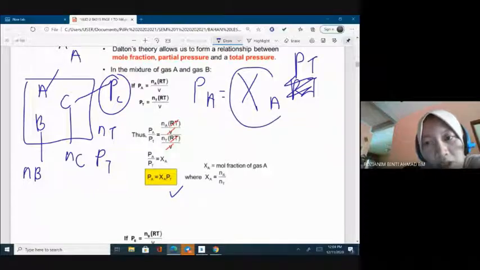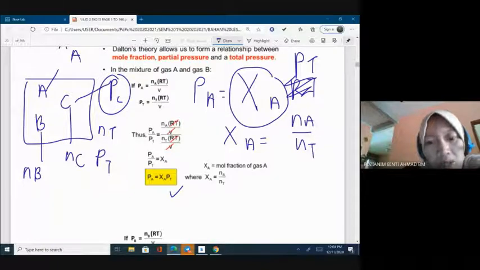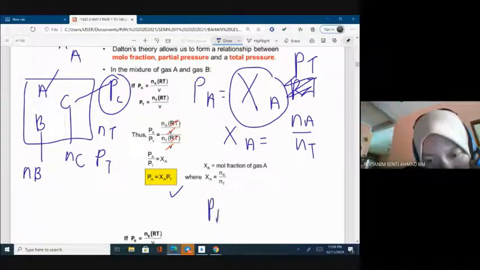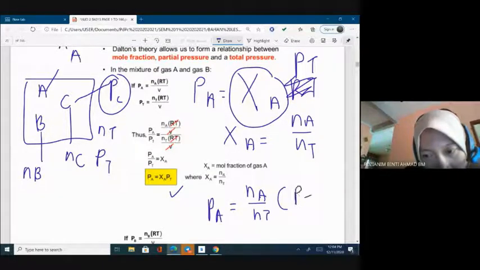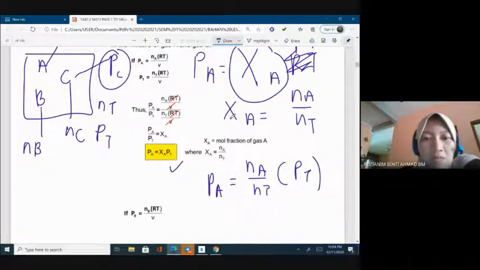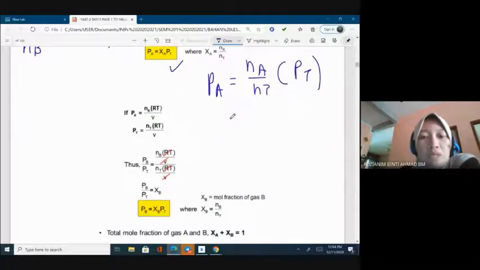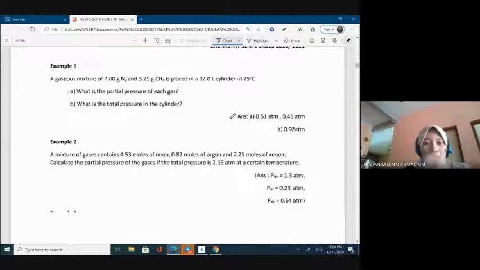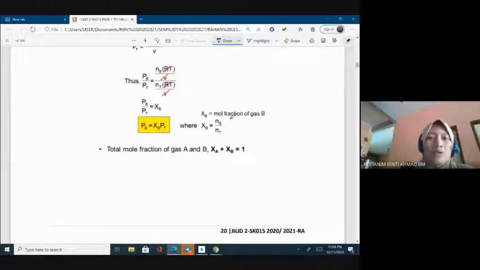The mole fraction XA belongs to the mole of A over n total. So you can substitute the data. Partial pressure for A is mole of A over n total times P total. Similar for the partial pressure for B. This formula is used when they are in the same container. Basically, the total of the mole fractions must be equal to 1.